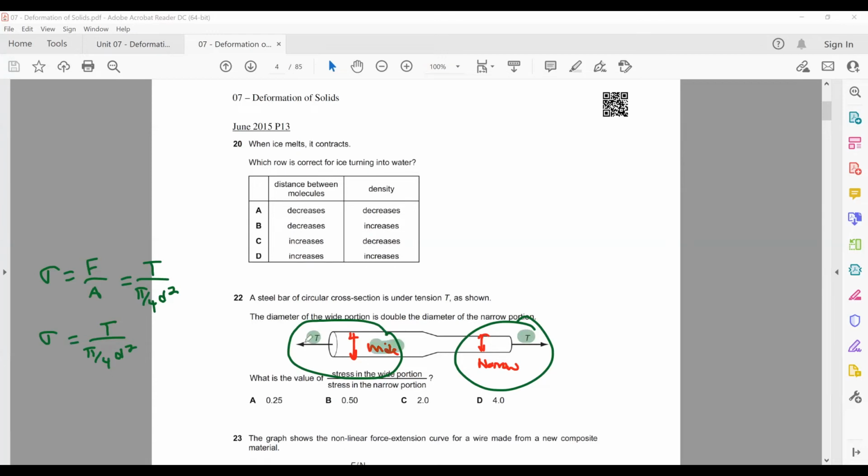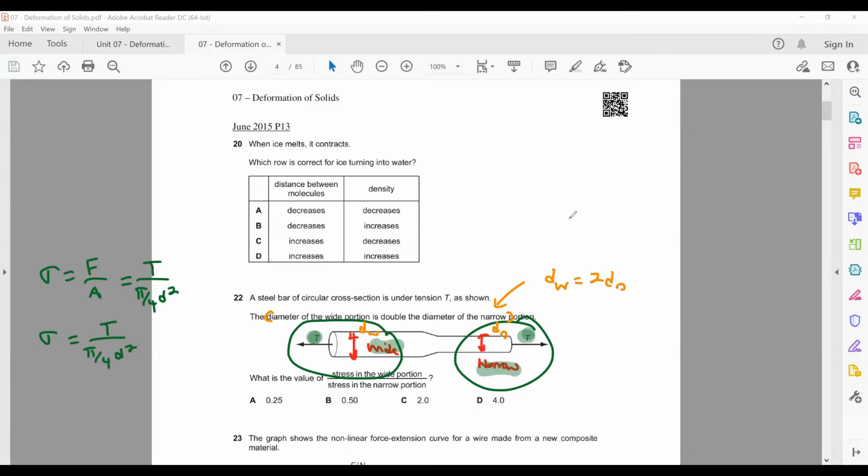For the wide portion, you're still experiencing the same T. For the narrow portion, you're also still experiencing the same T. The only thing different is the diameter. This one would have diameter dW. This one is diameter dN. Okay, but the thing here is that the diameter of the wide portion is double the diameter of the narrow portion. This means that dW is 2 times of dN.